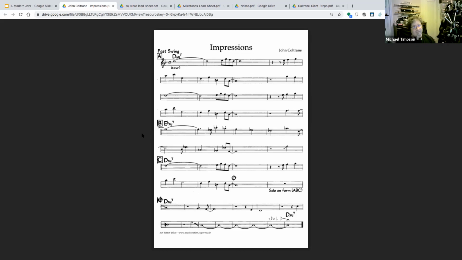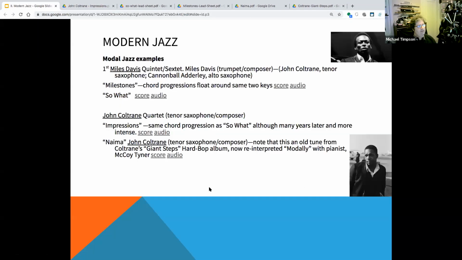In fact, definitely listen to how John Coltrane plays. And now compare to how John Coltrane plays this. The interpretations of the mode go all over the place now, and get very chromatic. They still have those tonal centers, but they're going all over the place. So much more intense.